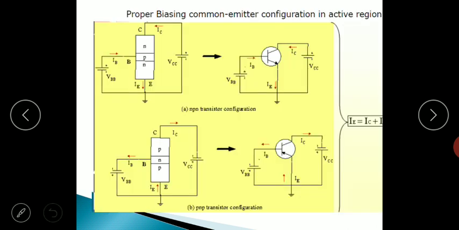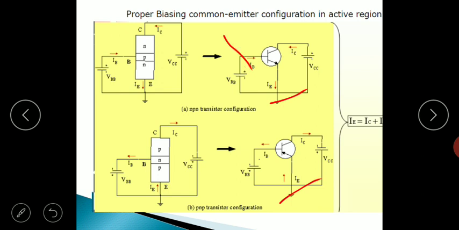Now moving to the next configuration of the transistor, which is called common emitter configuration. In common emitter configuration, you can see here emitter is made common for both the input as well as output. So it is called common emitter configuration. In common emitter, the input is given between base and emitter, output is taken between collector and emitter.